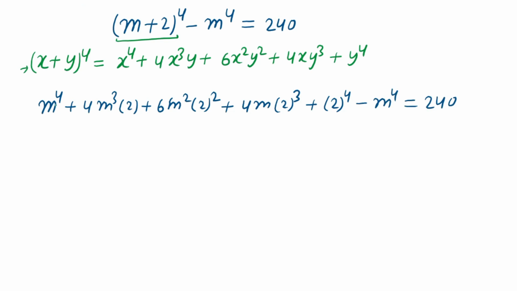Here m^4 is positive and this m^4 is negative, so they cancel out. 4 times 2 is 8m^3, plus 4 times 6 is 24m^2, plus 8 times 4 is 32m, plus 16.